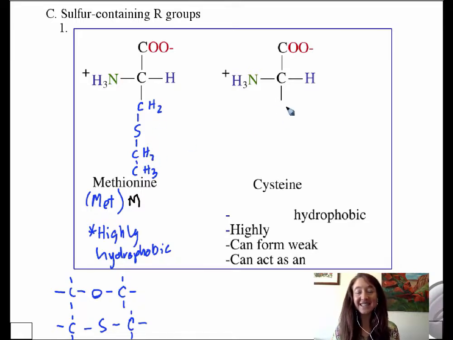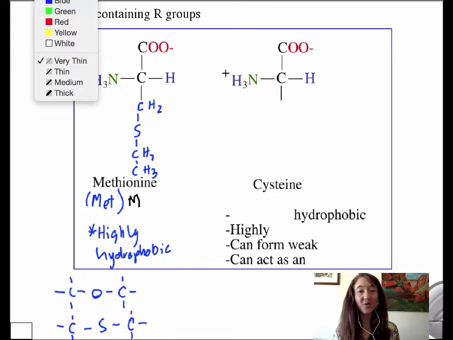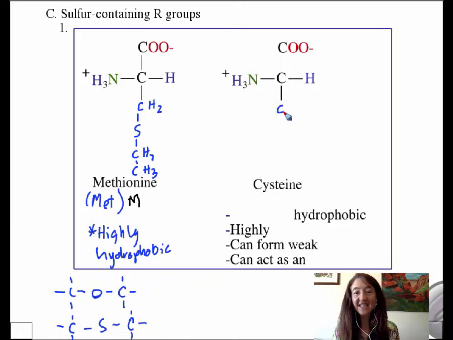Now cysteine has a fantastic functional group as well. It has a CH2 bond SH. So we can recognize this sulfhydryl in the cysteine group, but also, just as we talked about looking at tyrosine, this SH group can become ionized.